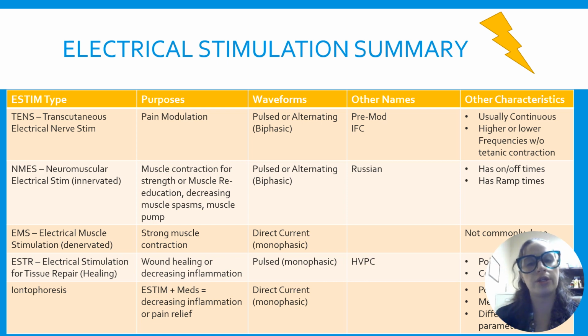You may also hear the term Russian related to your NMES. And what makes this one a little bit different is that it has on and off times and ramp times, whereas your TENS pain stuff does not. It's just continuous. It just keeps going. Your on and off time, remember, should be related to patient fatigue and patient exercise.